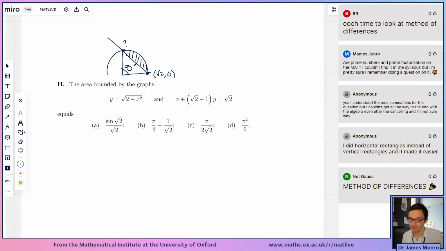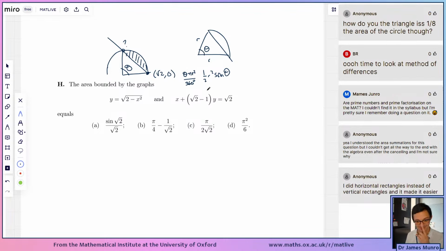Unless, if this is your first time here, hi, my name's James, and to find this sort of area, what you need to do is take a bit of a circle, split it into a triangle, for which you know the area is half r squared sine theta, and the whole, bit of a circle, for which you know the area is theta pi r squared divided by 360 degrees, or divided by 2 pi if you're using radians. And don't forget to subtract the triangle to find this bit. We'll do the whole thing minus the triangle.